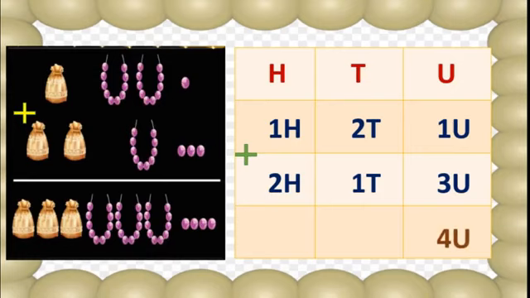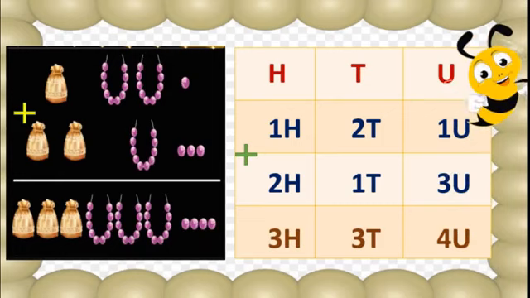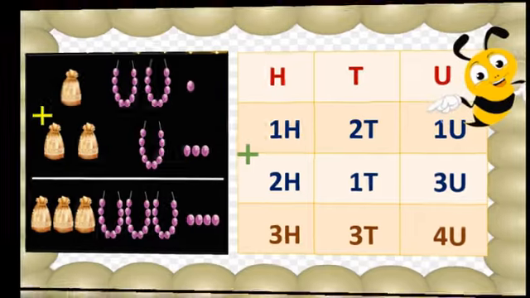In the tens place, 2 plus 1 is 3 tens. And in hundreds place, 100 plus 200 is equal to 300. Got this? Friends, you know how to write and add the numbers in the table, correct? Now we will proceed to the next table.